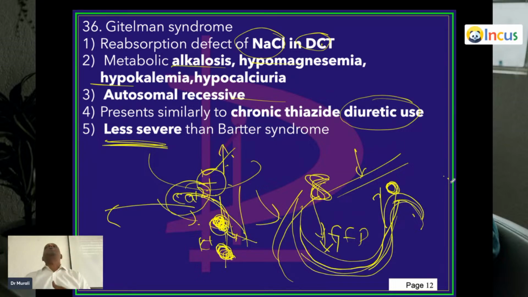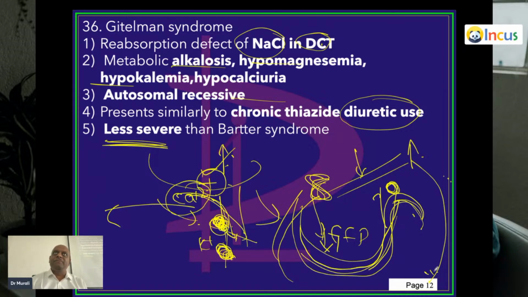That leads to aldosterone production. Increased aldosterone will go to the collecting duct, and it will cause reabsorption of sodium and loss of K plus and H plus into urine. Loss of H plus into urine will lead to alkalosis. That is the whole story.